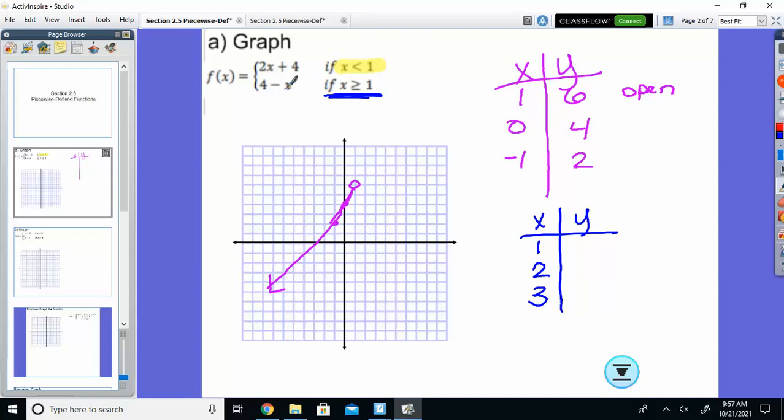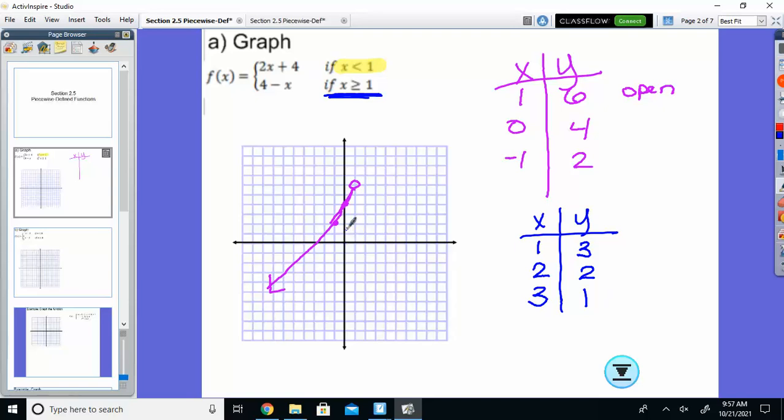So if we plug in a 1, 4 minus 1 is 3. If you put in a 2, 4 minus 2 is 2. If we put in a 3, 4 minus 3 is 1. Does everybody know where I'm getting my points?